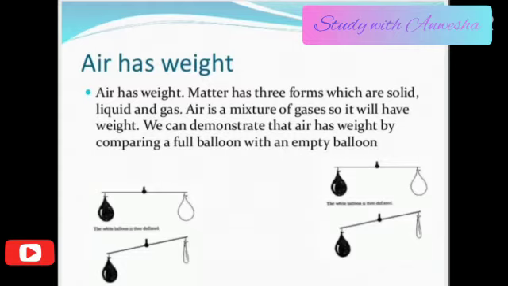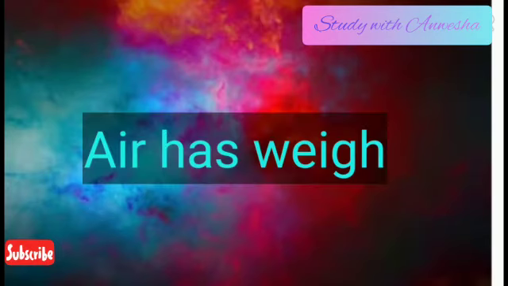Observation: on lifting the scale it stays horizontal, but when one balloon is pricked, the scale tilts towards the balloon that is still intact. So by this activity we understand that air has weight.